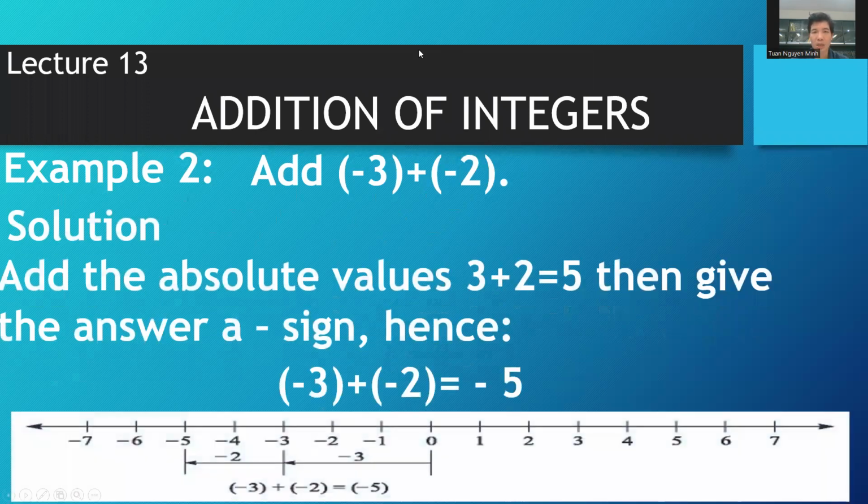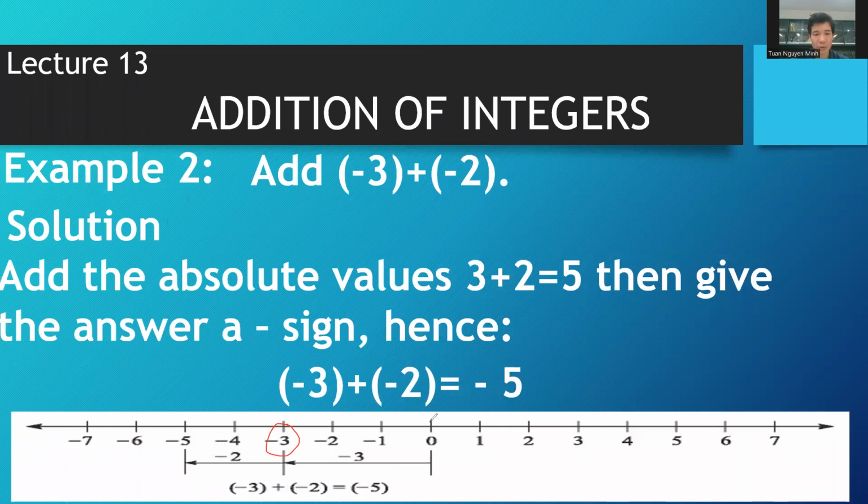And I can also perform it in real life. For example, -3. The number -3 is a distance to the left of the origin.